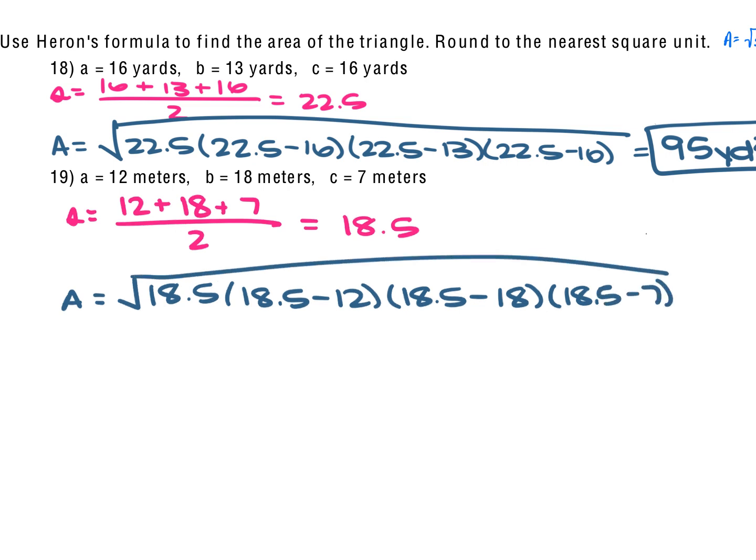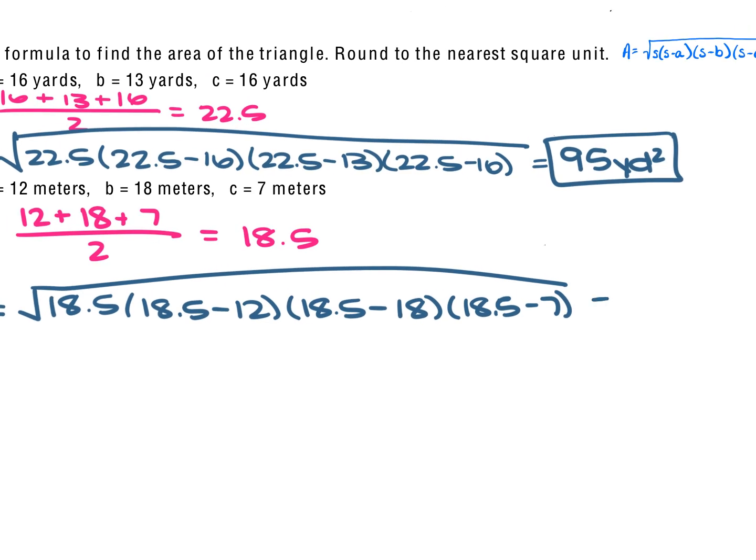Again, use your calculator. And it should give you 26.29. So we round to the nearest whole number, and that's going to give us an area of 26 meters squared.